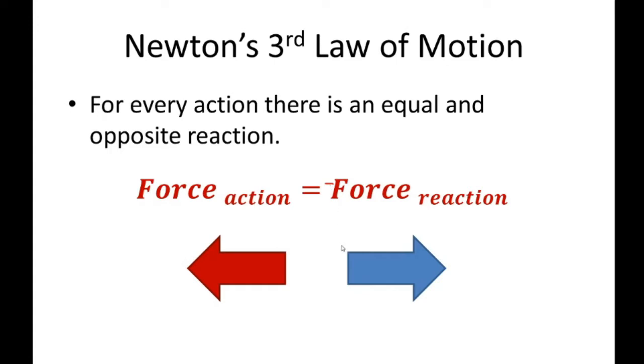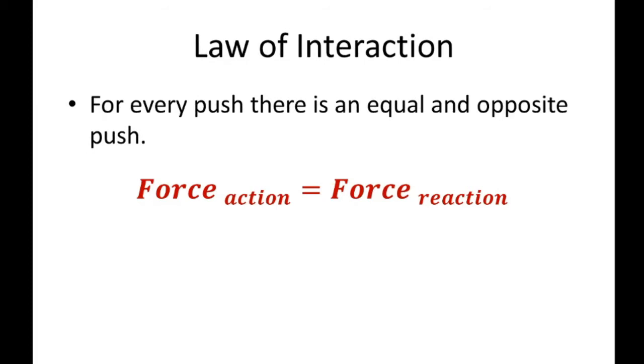If one is acting to the right, the opposite reaction force is to the left, or either way. You could also say it this way: for every push, there is always an equal and opposite push. Again, this push has a negative symbol to indicate that it is in the opposite direction.